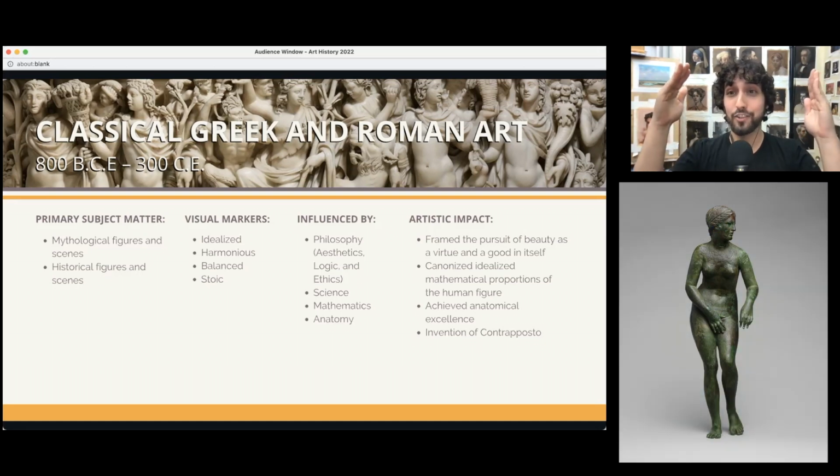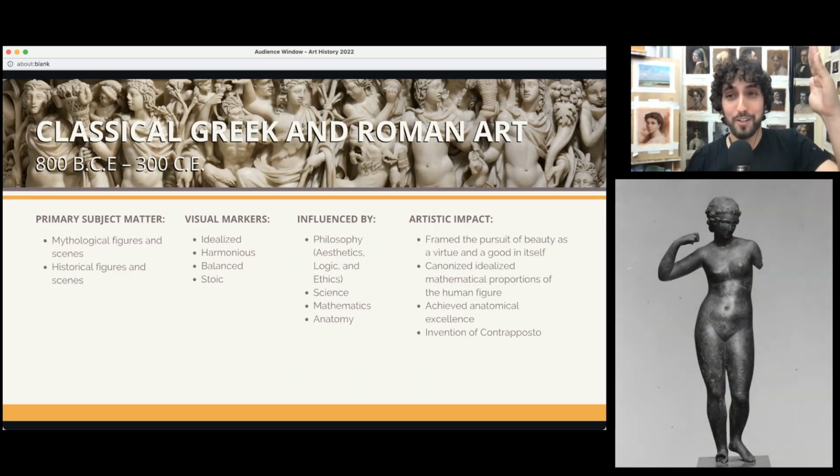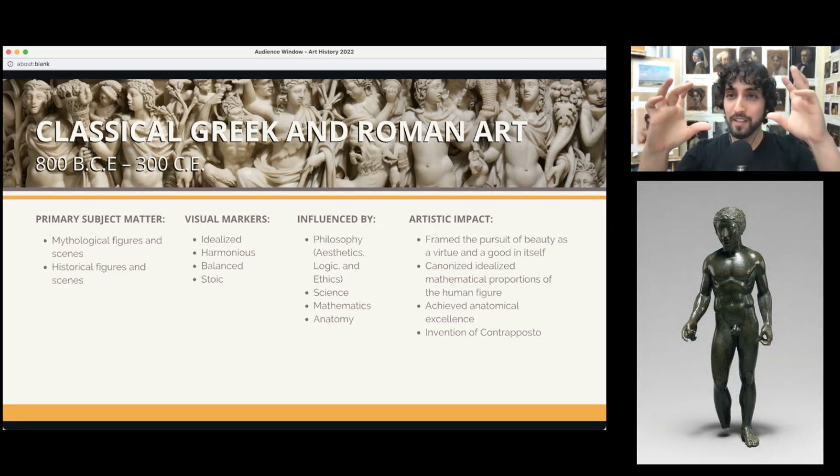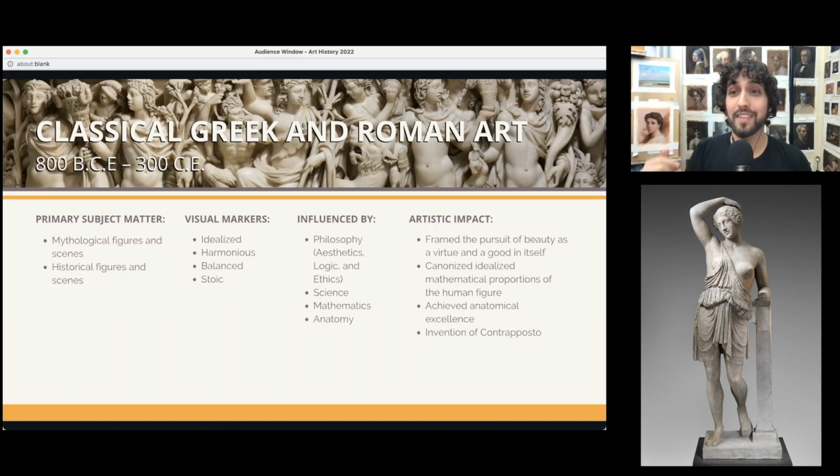And then the Greeks gradually discovered that, oh, if I put one hand up and one hand down and one shoulder up and one shoulder down, and then the opposite is happening with my pelvis, right? And one leg is up and one leg is down. So they take these symmetrical parts of the human body and try to make them contrast in the way that they move.